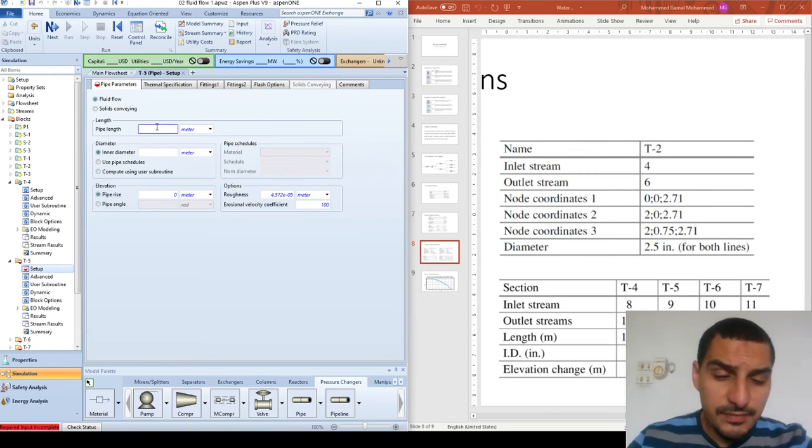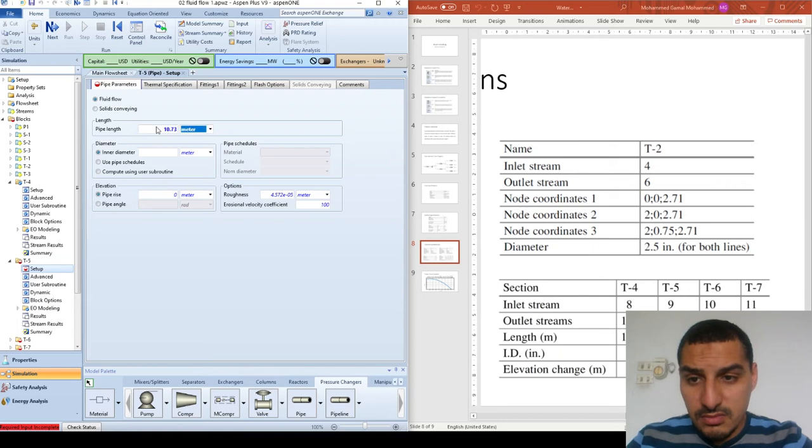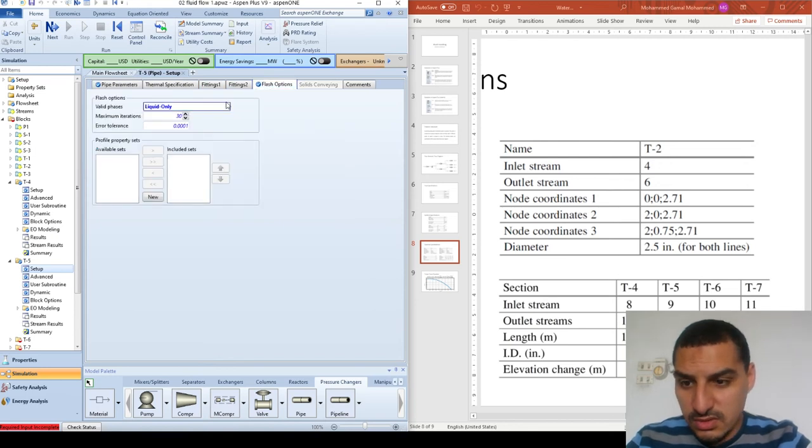For pipe T5, the length is 0.75, oh no, it's 10.73, I'm sorry, meters, the diameter is 0.75, again inches, and this is liquid only.